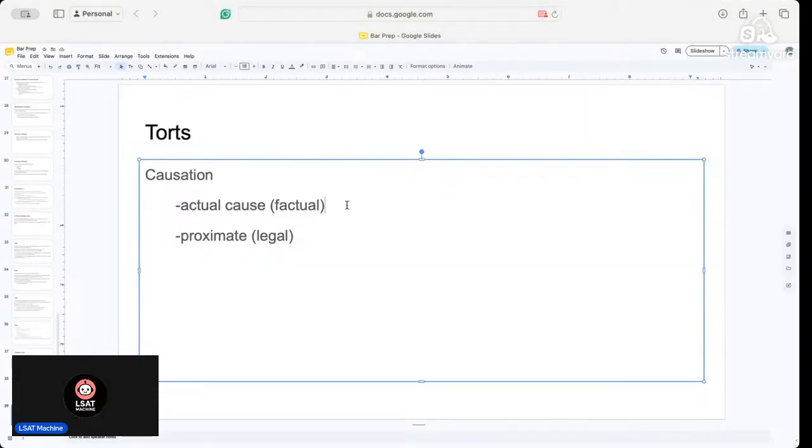Yes, this is the but for test, which is such an odd phrase. But it just means without.